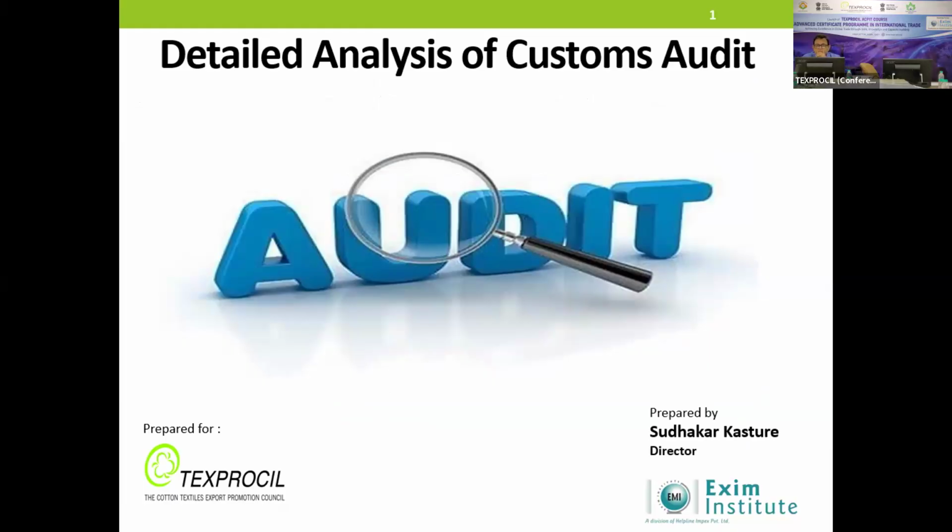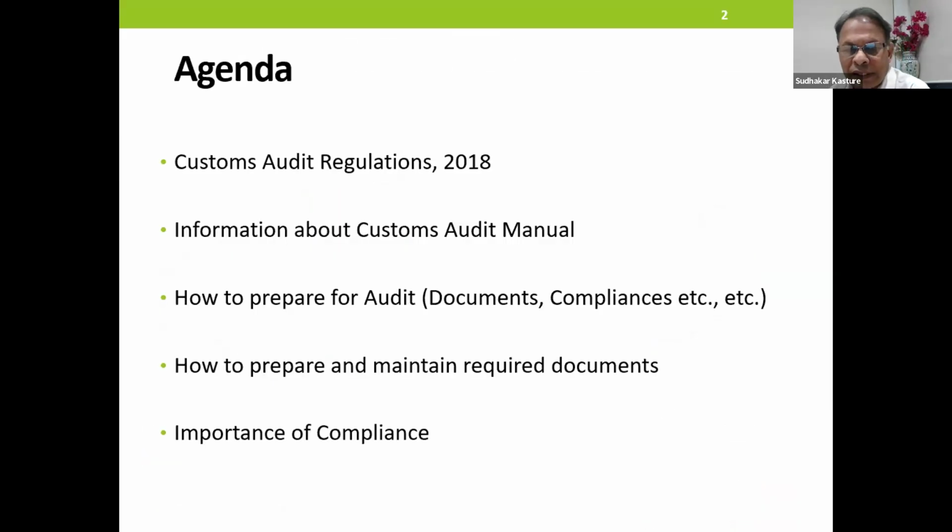So we'll be talking about detailed analysis of customs audit. The agenda is Customs Audit Regulations 2018, information about Customs Audit Manual, how to prepare for audit, how to prepare and maintain required documents, and importance of compliance.